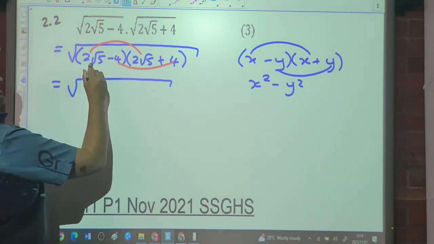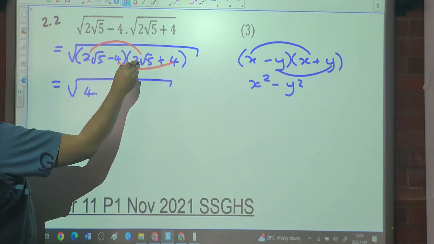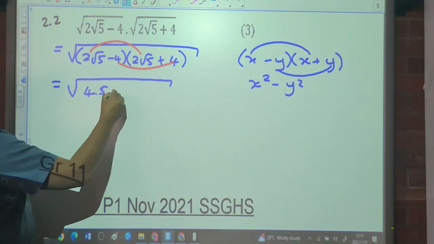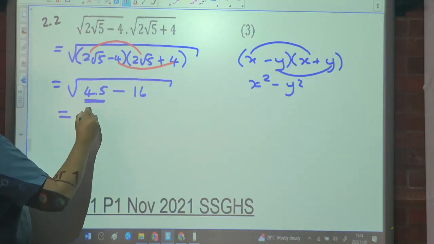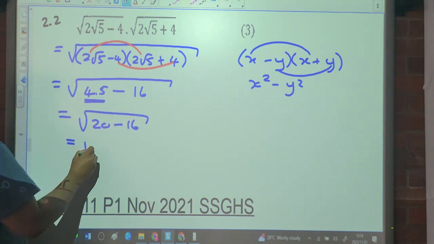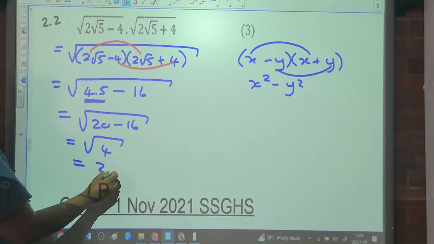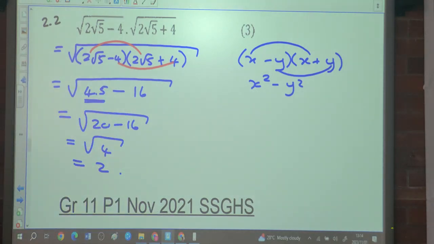What is 2 root 5 times 2 root 5? 4 times root 5 times root 5 is 5. Minus 4 times 4? 16. That's 4 times 5. 20 minus 16. 4. Square root of 4? Okay.